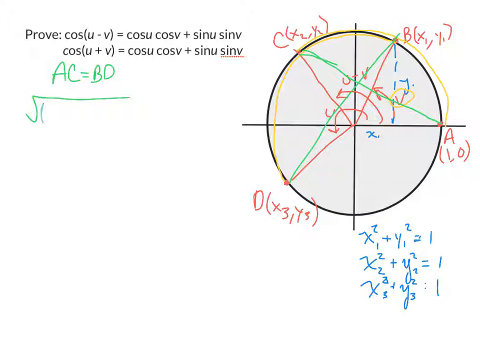We subtract our x's, so that's x2 minus 1 squared, plus we subtract our y's, y2 minus 0 squared, and that's going to equal, and then we'll do this for BD, subtract our x's, so x3 minus x1 quantity squared, plus, and then we'll do our y's, so y3 minus y1 quantity squared.